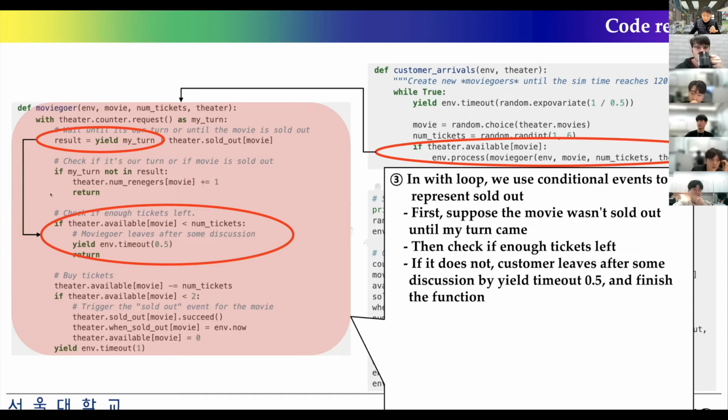This part is being skipped because if my turn not in result, it means that in this result, by generating this yield function, if there is not my turn in the result variable, it means that this part is being firstly upcoming. It means that there are no more tickets remaining.